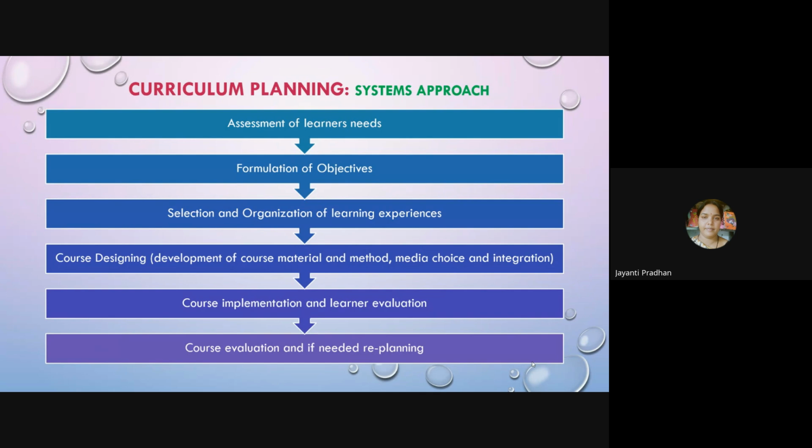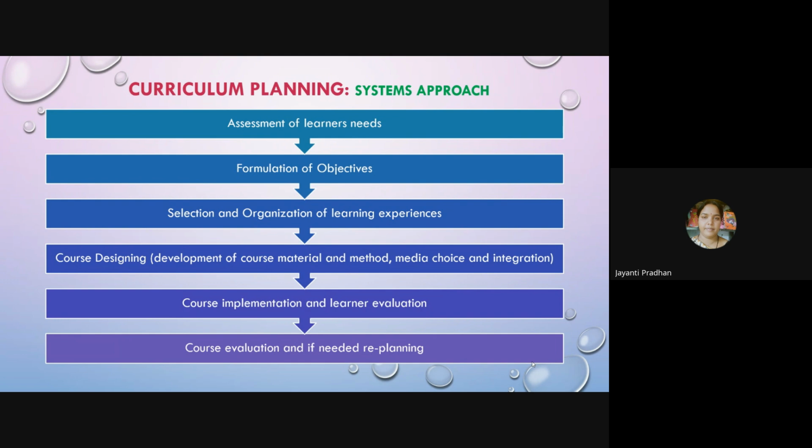Okay, link whatever you have studied earlier. In a systems approach, we go systematically, in a process manner. Like the first thing, identification of need. Why are we doing things that way? First, the identification of needs.